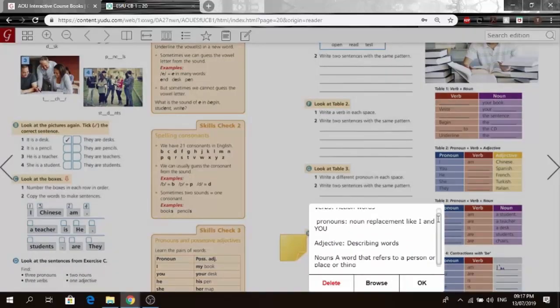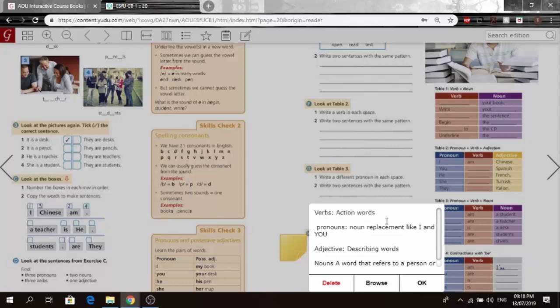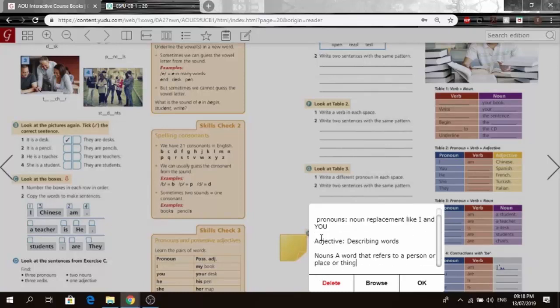Let me explain to you guys what a verb is. Verbs are basically action words, right? Words where you're doing something. So for example, eating, writing, sleeping, fighting. All these are action words, and these are verbs, okay? We also have pronouns, noun replacement like I and you, but let's go to a noun before that. A noun is a word that refers to a person or a place or a thing.